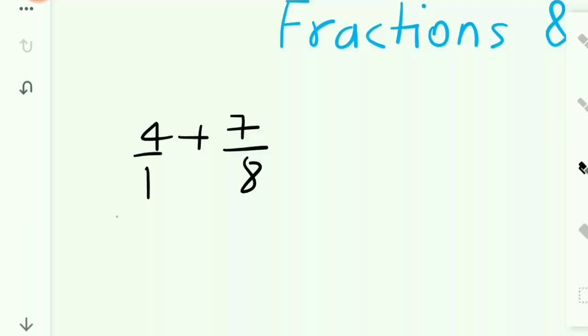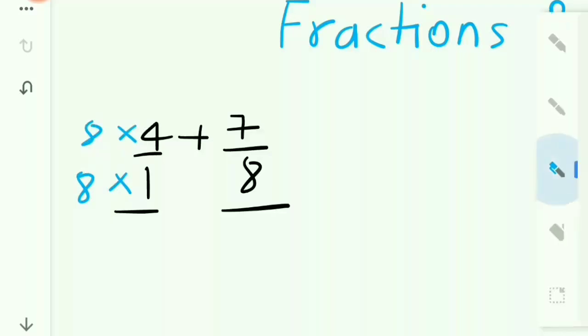We find the LCM of this denominator and this denominator. In this case it is 8. So we make this denominator equal to this denominator. And to do that, we have to multiply and divide by the remaining factors. In this case it's 8 here.